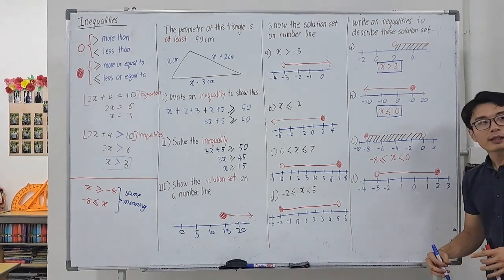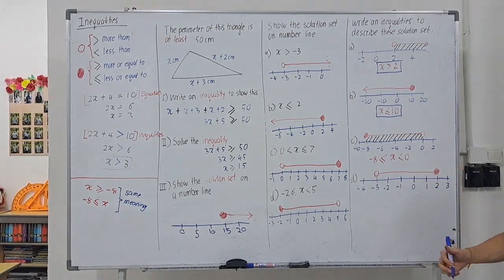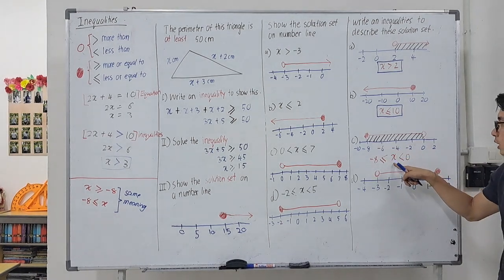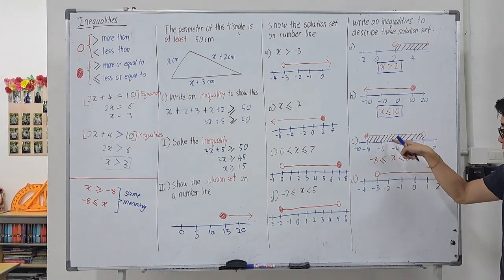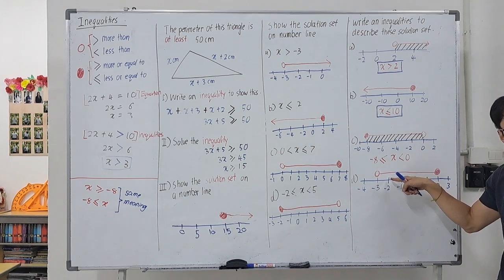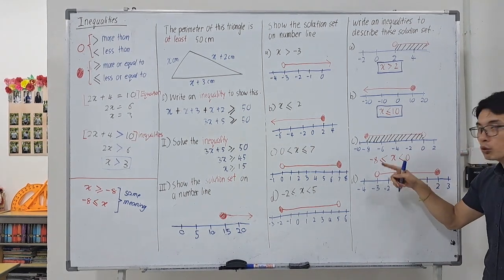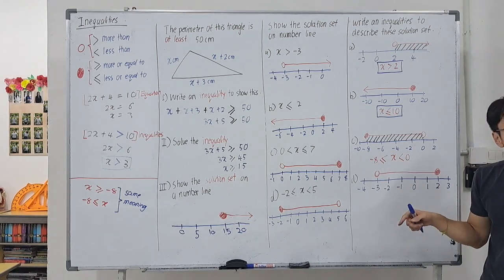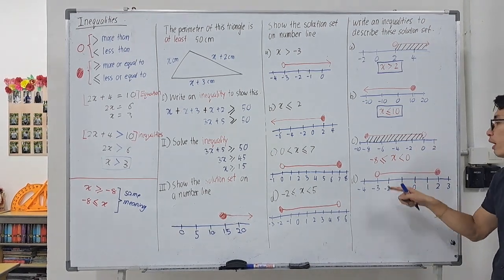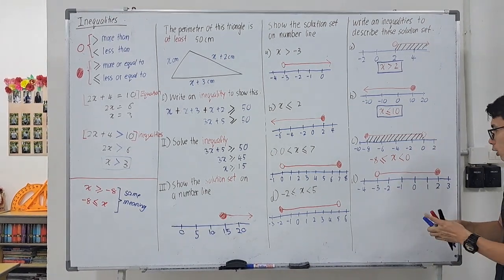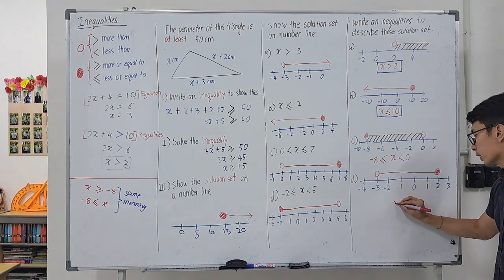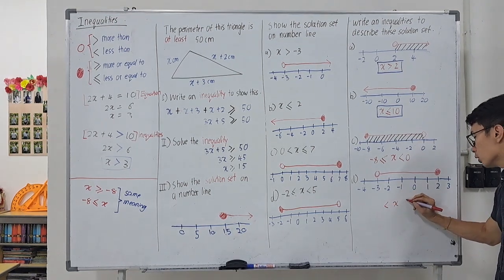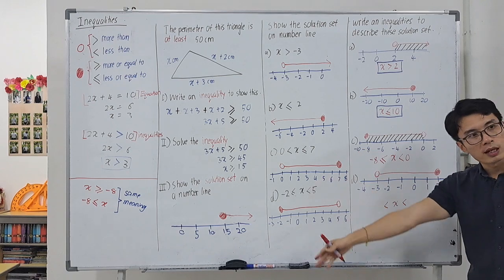But the shortcut that I'm going to tell you is going to be very simple. When you want to write an inequality for the type of question that looks like this, the inequality sign is always going to be pointing towards the left, like this one. So straight away, you can just write your answer as X. It's always going to be pointing to the left.